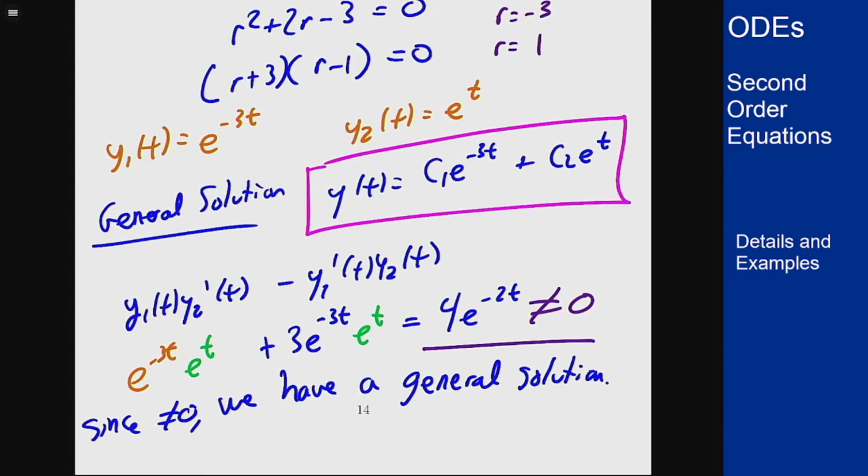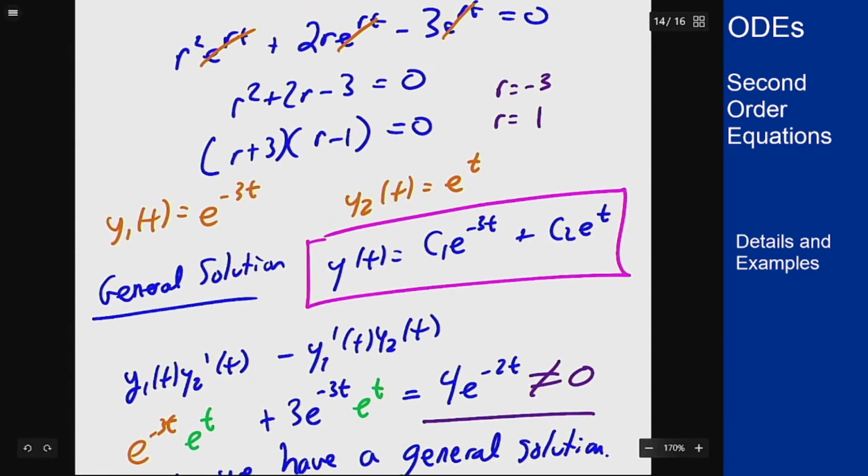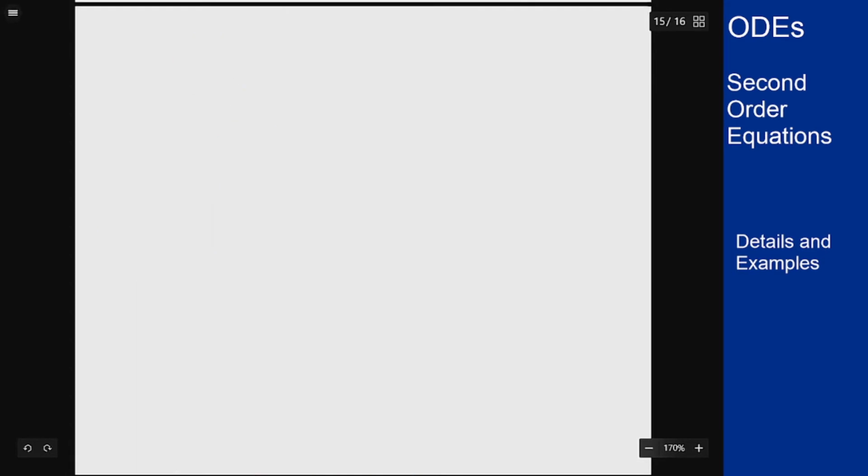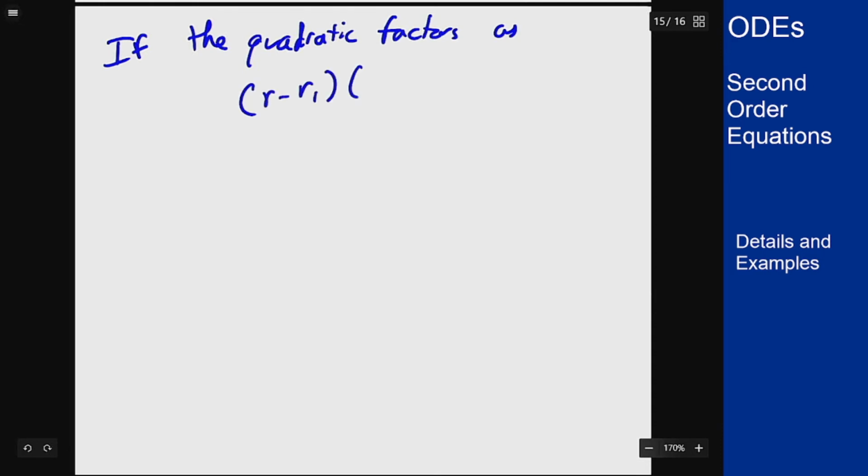One more slight expansion on this part is that this same process works whenever this quadratic here has two distinct real roots. So if the quadratic factors as r minus r1 times r minus r2 equals 0, we will get e to the r1t and e to the r2t as solutions.